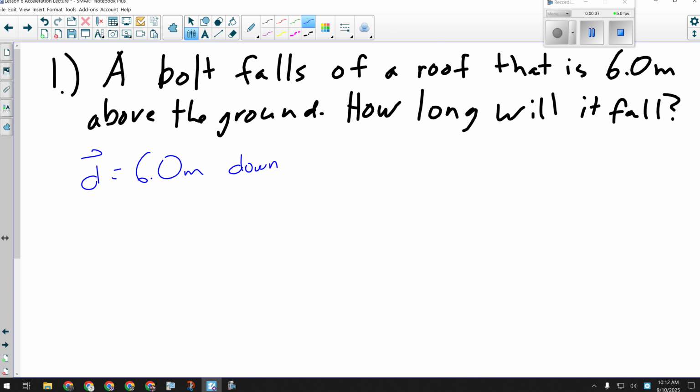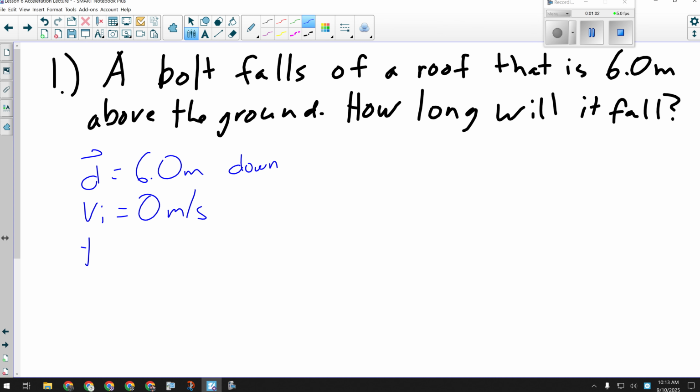It doesn't outright have to say that, the context tells me that. Now, it says it falls off the roof. It fell. It wasn't thrown. What's its initial velocity? Zero. If something falls off, it's starting from rest. That's just another one of those context clues that we have to be ready for, right?